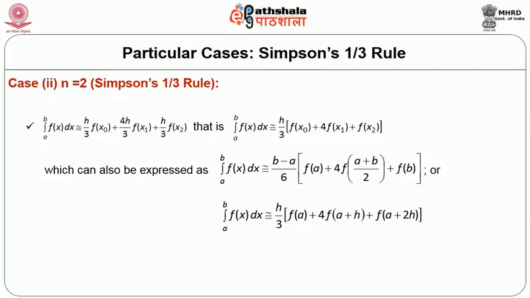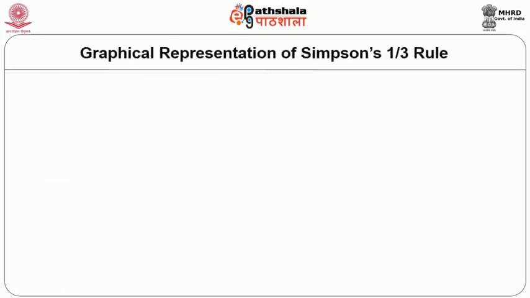And because h is (b minus a) by 2, this can also be expressed in terms of a and b as (b minus a) by 6 into the bracket f(a) plus 4 into f((a plus b) by 2) plus f(b), or as h by 3 into f(a) plus 4 into f(a plus h) plus f(a plus 2h). And this formula is very well known as Simpson's 1/3 rule. The reason why it is called Simpson's 1/3 rule is because h by 3 is outside the bracket.